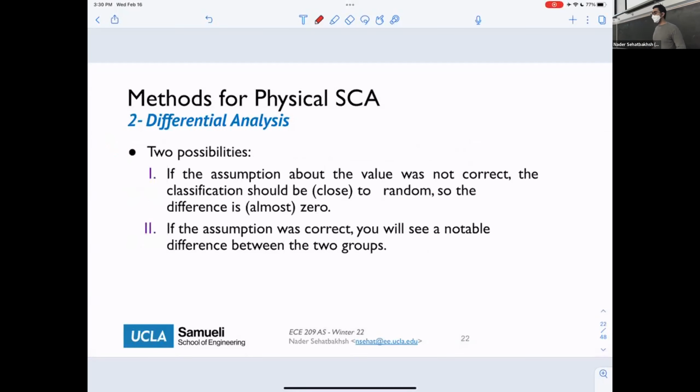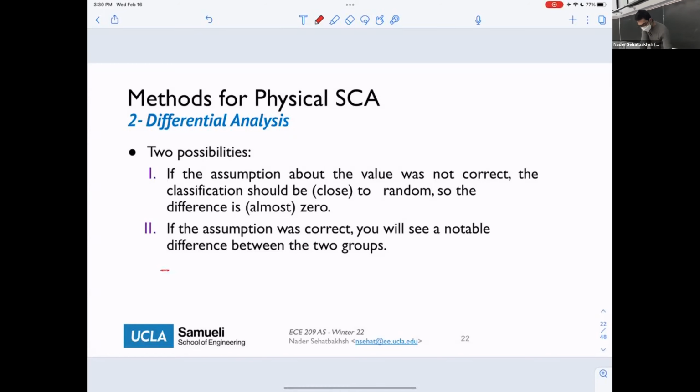There will be two outcomes of this classification. Either we made a wrong assumption and just an arbitrary classification, in which case we would probably see no significant difference between the two groups, because essentially we just randomly picked samples for one group and randomly picked the others for the other group, right?